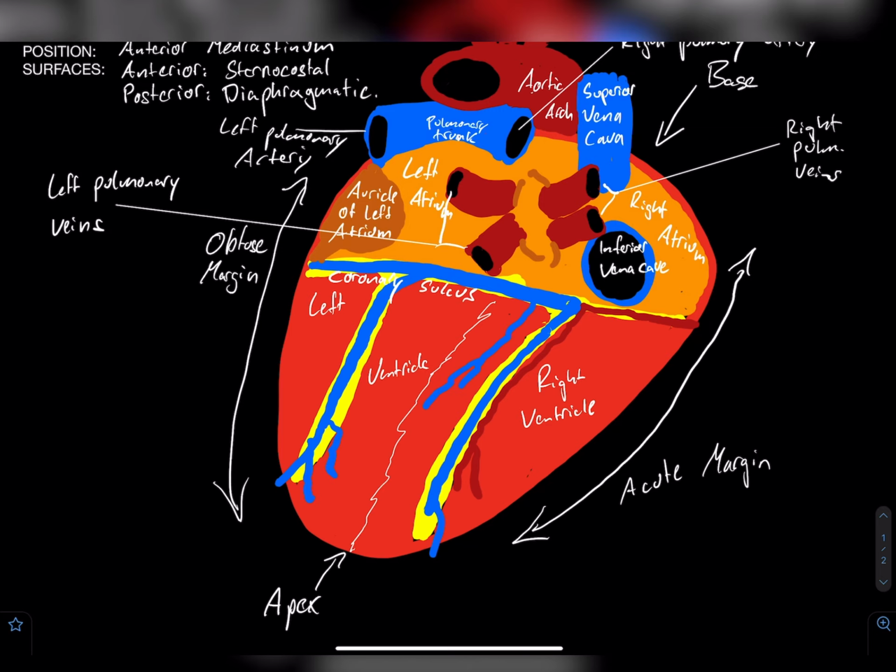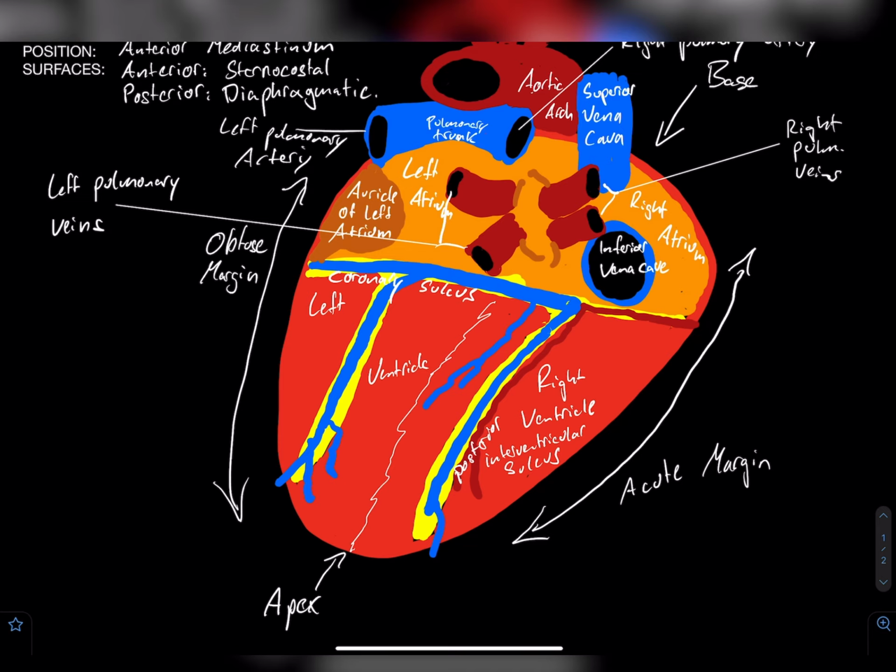Then we have the posterior interventricular sulcus, even though it does not truly run at the position of the interventricular septum on the posterior side, it's still called that way.